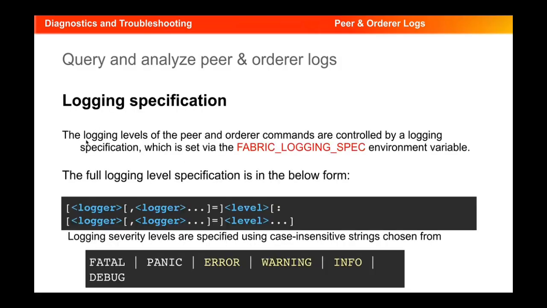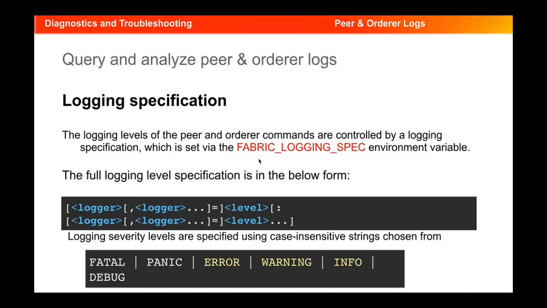As we have seen in the last slide, there are different levels and severities. This is the logging specification that we can see. The logging level of the peer and orderer commands is controlled by the logging specification, which is set via an environment variable, FABRIC_LOGGING_SPEC, which you can see on this slide.